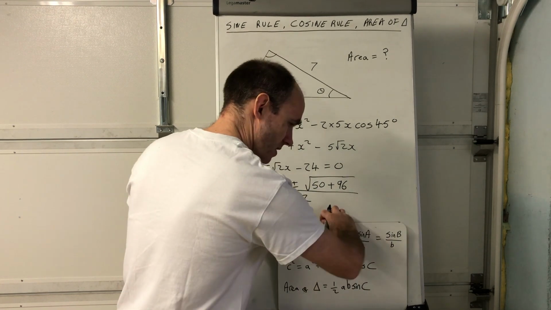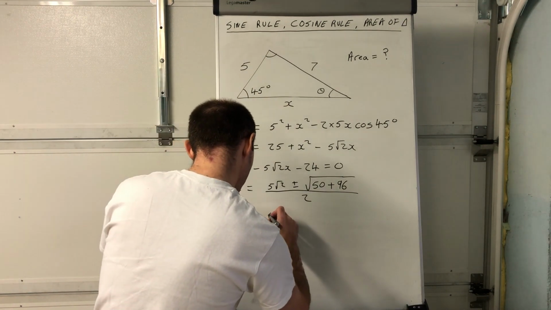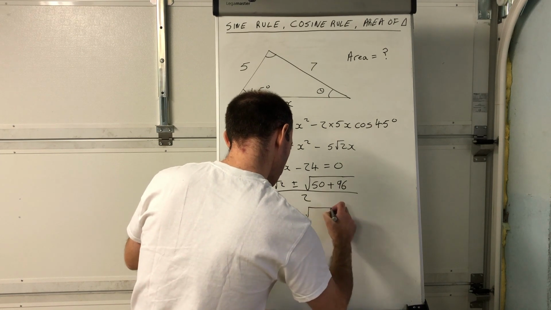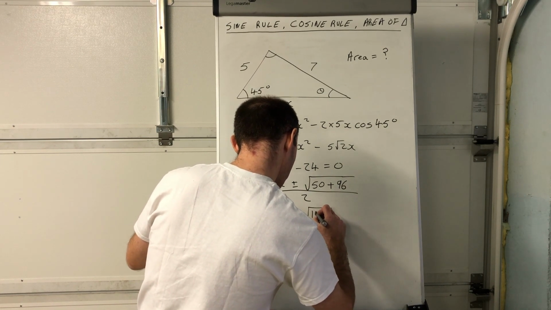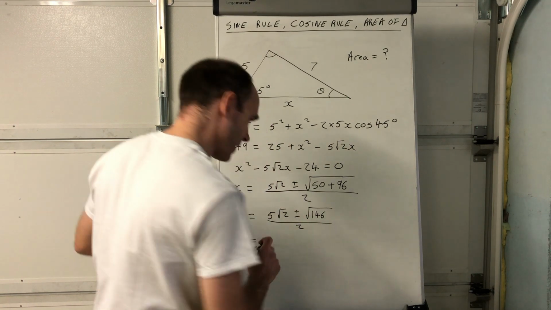And that will simplify a little bit to 5 root 2, positive and negative, square root of 146, all over 2. And work out what the value of x actually is.